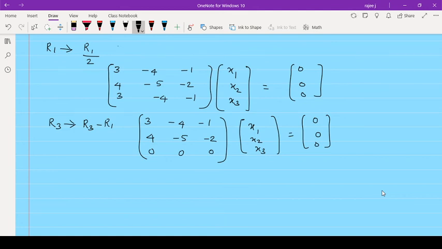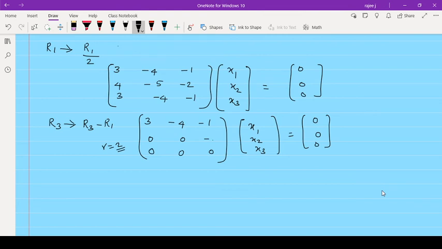I hope many of you remember, rank means the number of non-zero rows. Suppose after transformation you are getting 0, 0 and here minus 2. Then also the rank will be 2 only, because it is the number of non-zero rows.